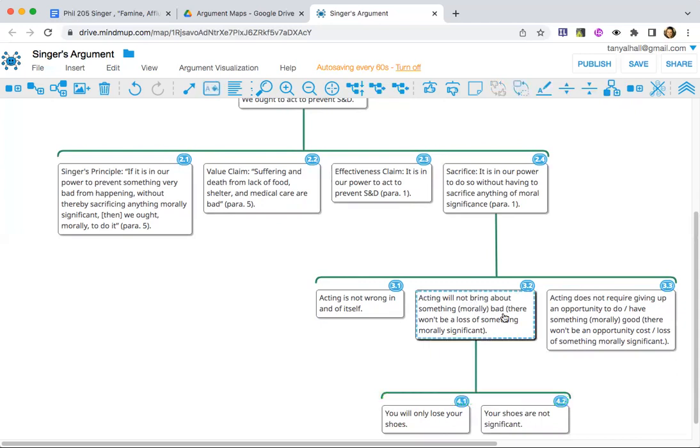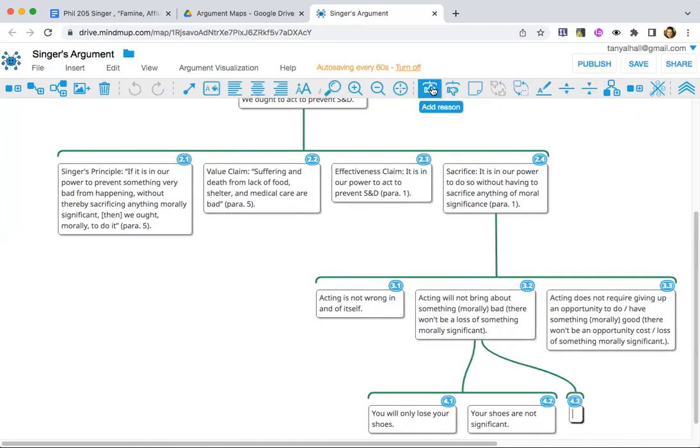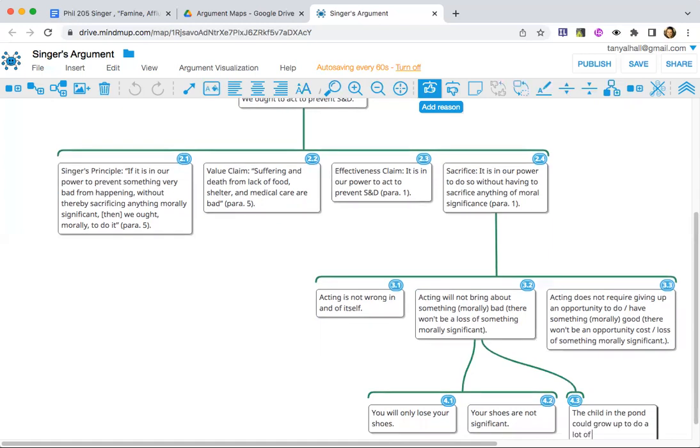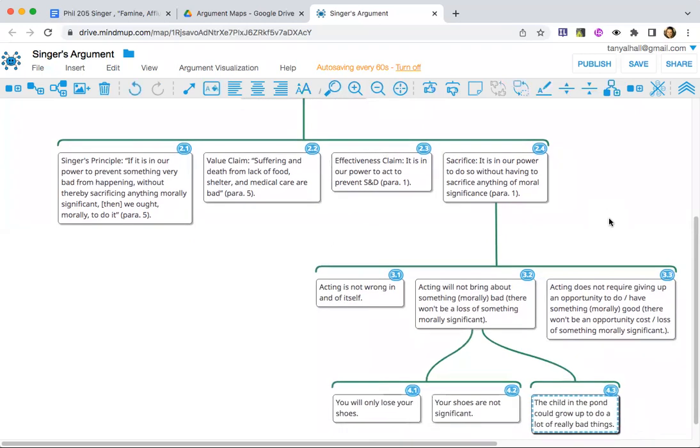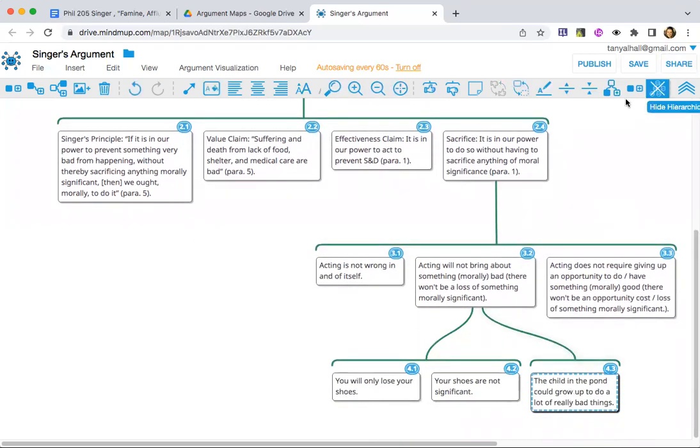But there might also be cases like sometimes students will say, what if the child in the pond is Hitler? Like a baby Hitler. Could be like some serial killer child.